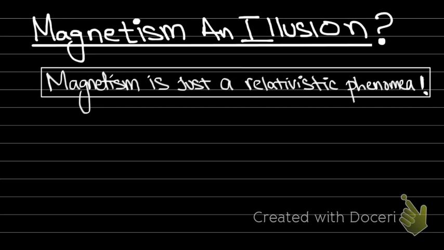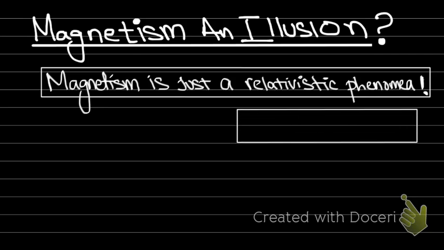Okay, so let me quickly draw this over here. What I'm saying is that we have this line of charges, and there are positive charges up here, and I have negative charges over here.